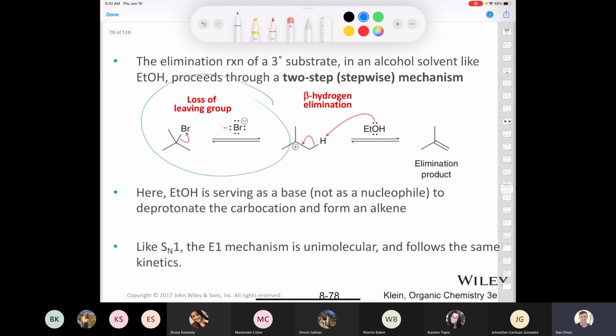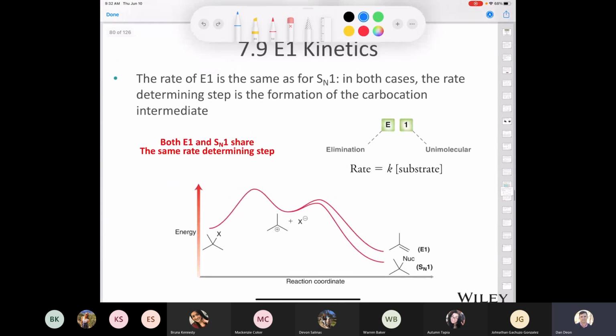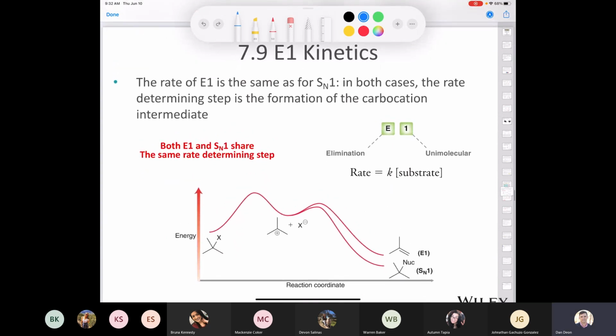The first step is the same. It's just the loss of leaving group, and that only depends on the concentration of your substrate. Therefore, again, it's a unimolecular reaction, follows the same old first order kinetics. And if I look at the kinetics, and compare the products that are formed from the E1 and the Sn1 reaction, E stands for elimination, 1 stands for unimolecular.